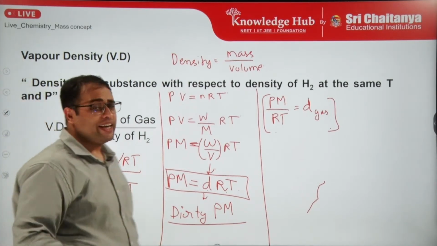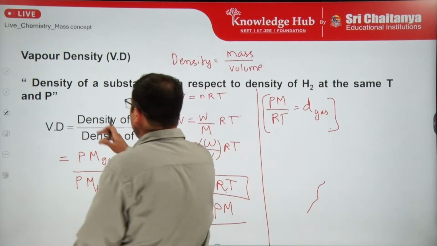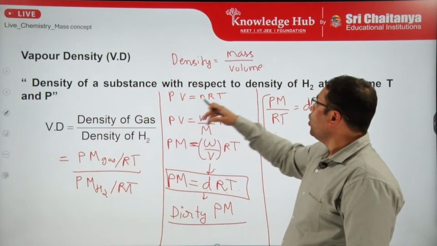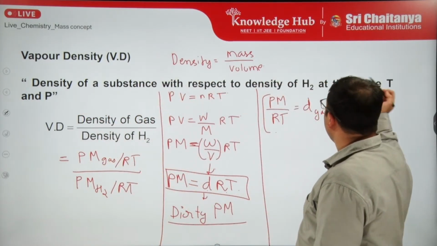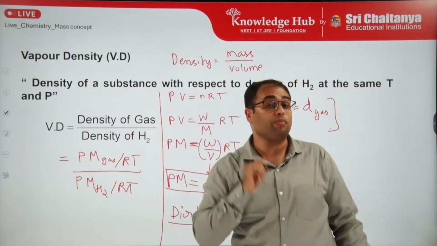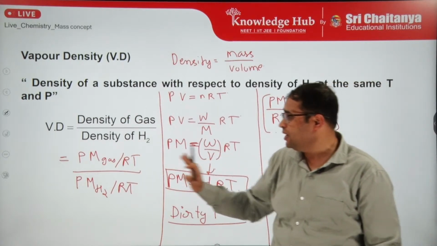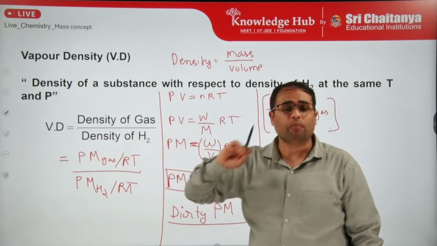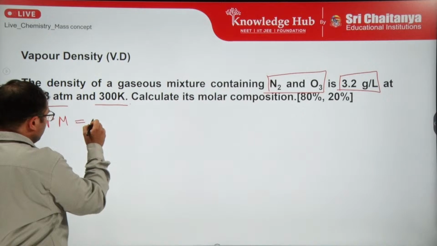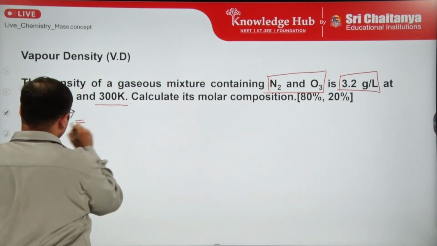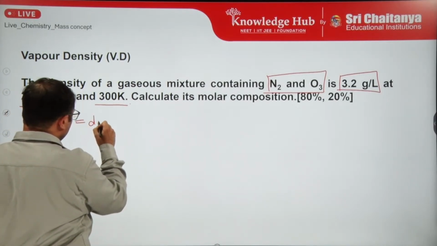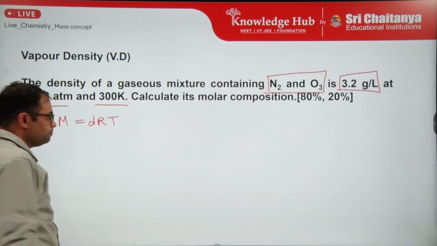Remember, vapor density's definition tells us that it is the density of a substance with respect to density of H2 at the same temperature and pressure. And I told you, when I talk about with respect to, I simply mean division by that particular thing. So equals dirty PM, dRT, right?